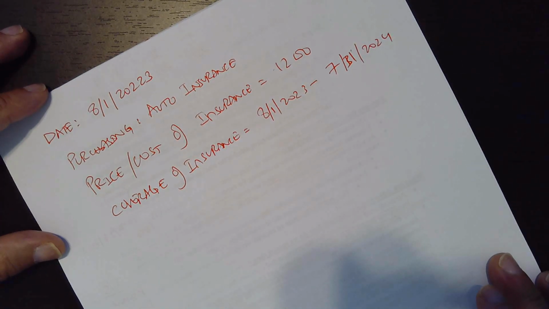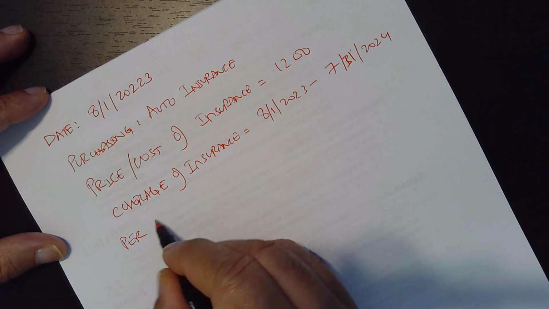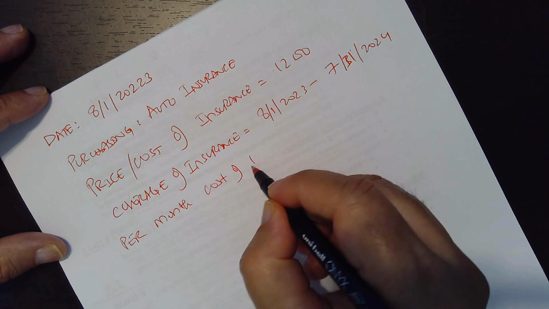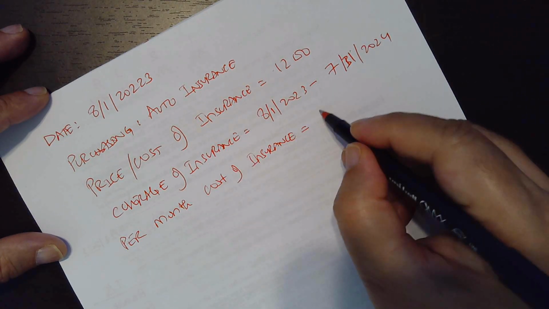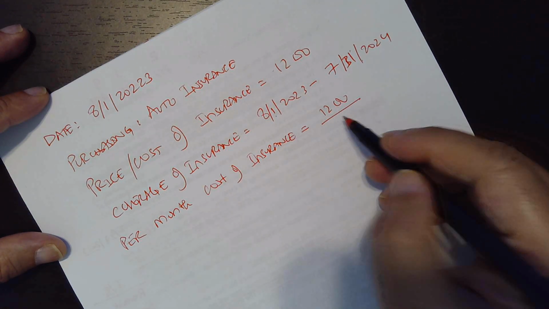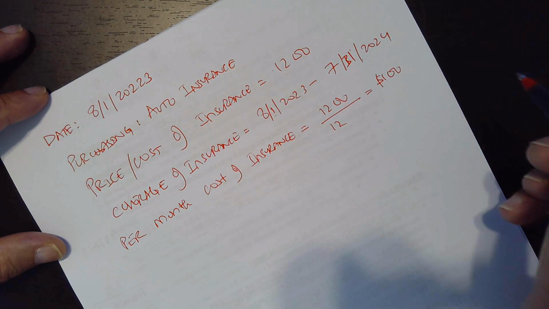Now, what is the per month cost of insurance? Per month cost of insurance is $1,200, and how many months are there from August 1st to July 31st? 12. So it's going to be $100 per month. All right, very good.